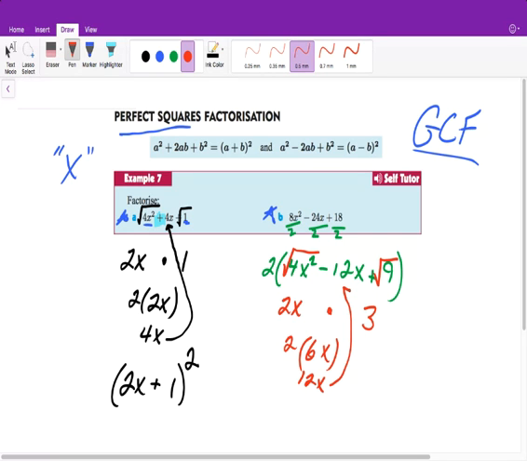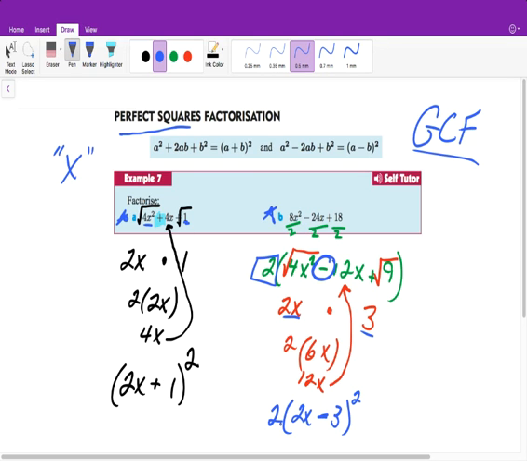And if that matches that middle term, disregard the sign, then we know that we have a perfect trinomial squared, and we then will write our binomial. We take our two square roots, 2x and 3. We raise it to the second power, and whatever sign is in front of that middle term is the sign that we use, so it's (2x minus 3) squared. And then the one thing we can't forget is we need to rewrite that GCF out front.